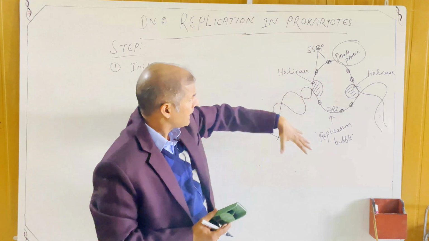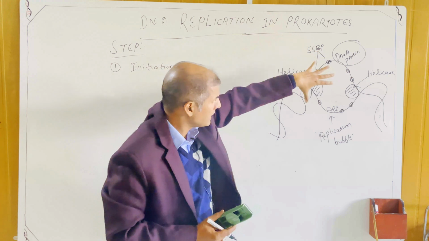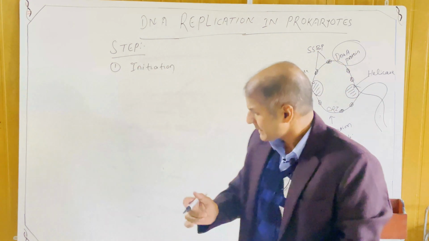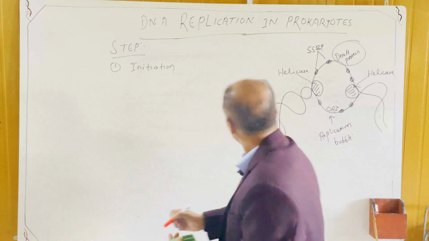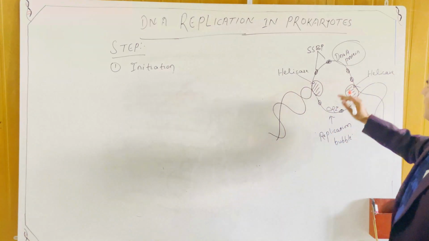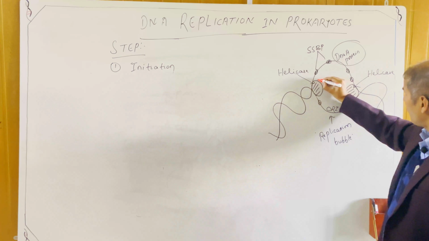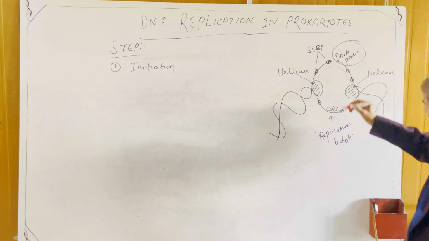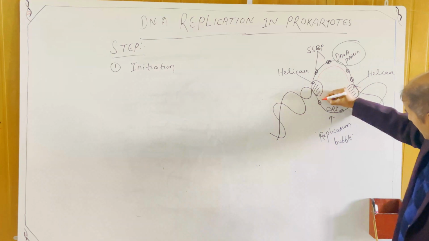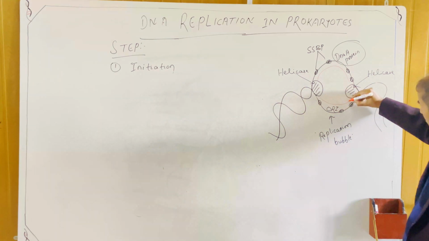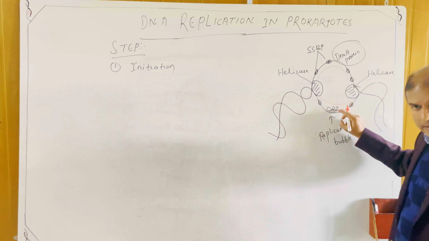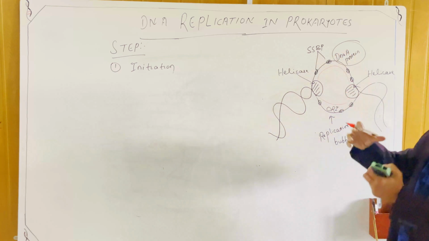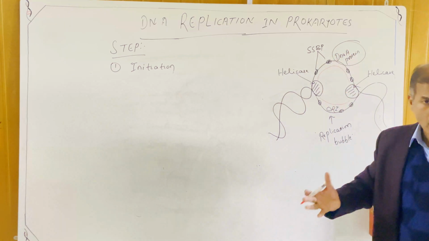After the unwinding, in the next step, this parental strand will form one new strand along with it, and the other parental strand will form another new DNA strand, so that finally two daughter DNA molecules get formed.